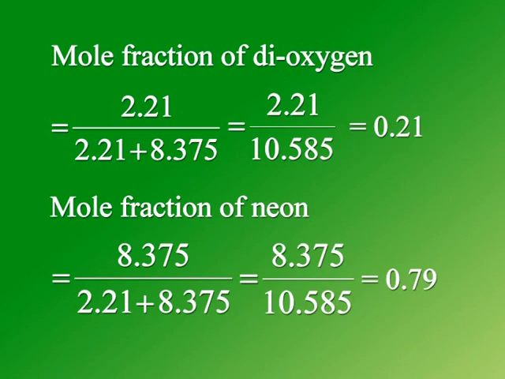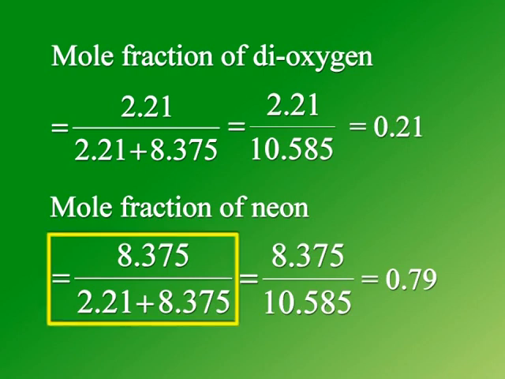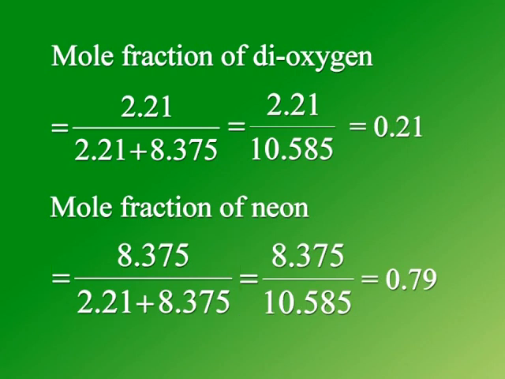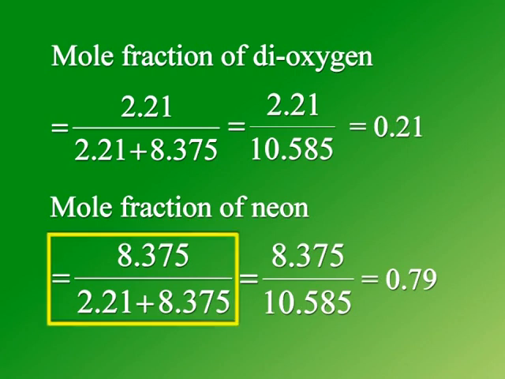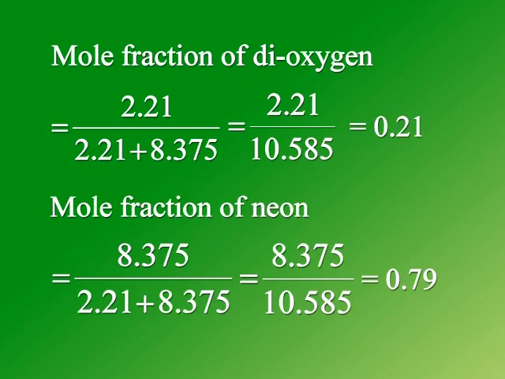Mole fraction of neon is equal to 8.375 divided by 2.21 plus 8.375, which is equal to 8.375 divided by 10.585, which is equal to 0.79.